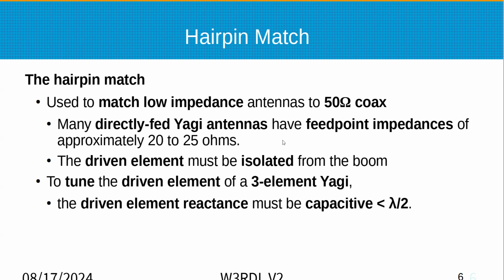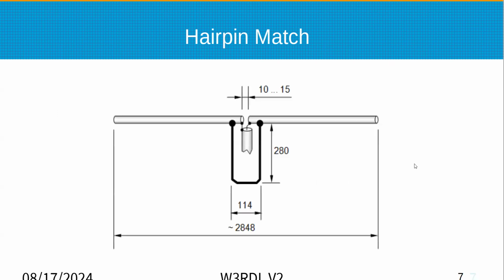And this is one of the cases where the driven element has to be isolated in order to do this. And what you do is calculate the length of this little loop so that it adds enough reactance onto the antenna to correct it back up to 50 ohms. And this is kind of what it looks like. You're just feeding the driven element like a normal dipole.